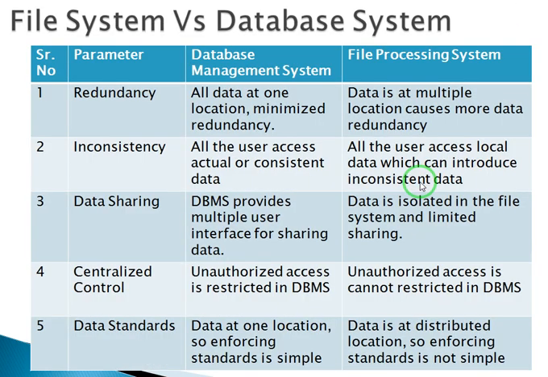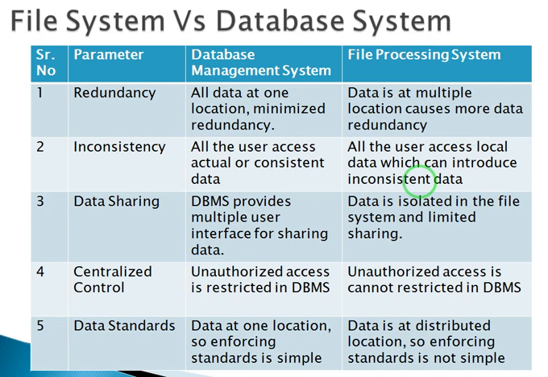So dear student, now we'll see the difference between file system and database system according to these parameters. First, redundancy. Keeping all data at one location minimizes redundancy. In a file system, data is located in multiple locations, which causes data redundancy.